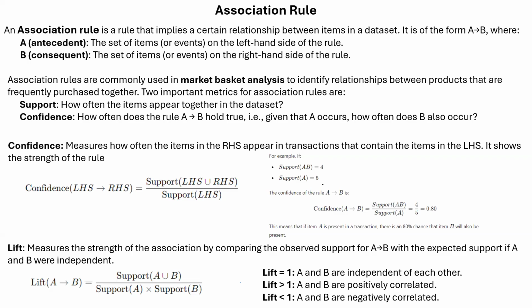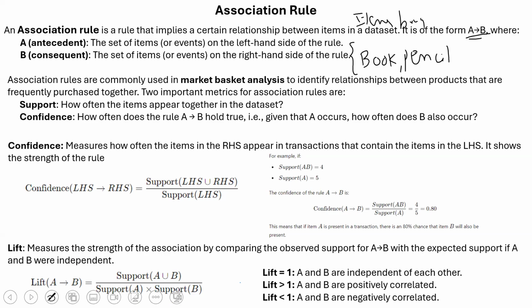Okay, it is something that looks like this: A implies B. To give a best example of this, let's suppose someone is buying a book and a pencil. These are items bought. Items bought implies, here I'll write it as eraser.